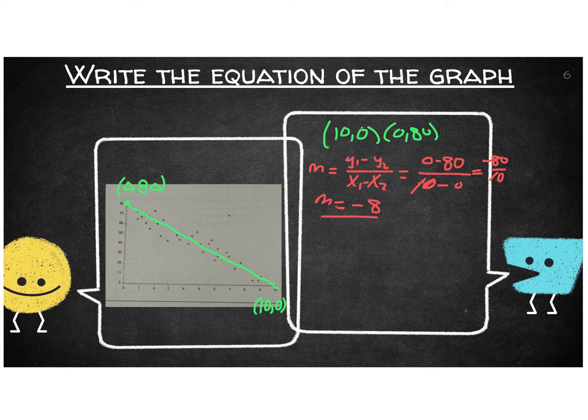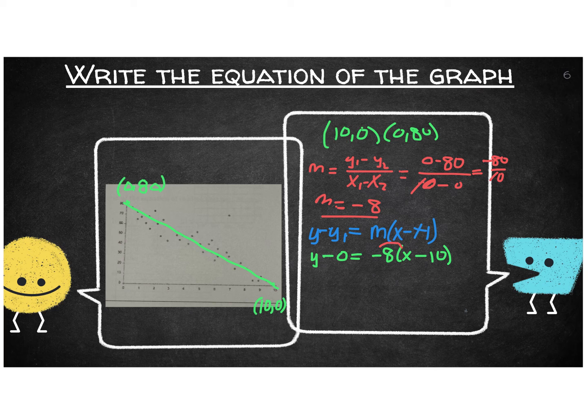All right, once you have your m, then we use our point slope form, y minus y1 equals m times x minus x1. And put in my points and my slope. So I pick one of the points. It does not matter which one. If I pick the first point, y minus 0 equals my m, which is negative 8, times x minus my x1, which was 10. And then I solve that.